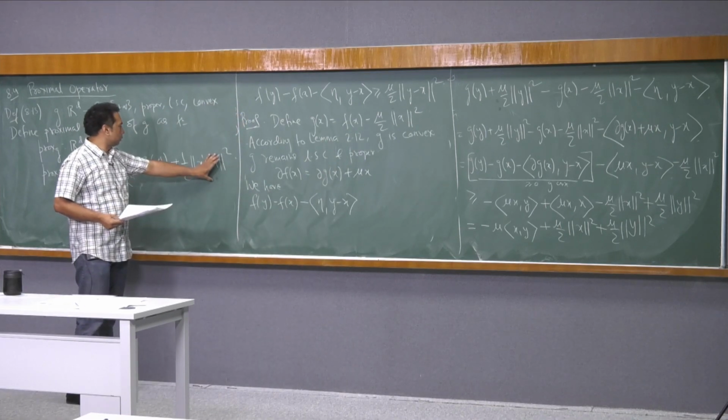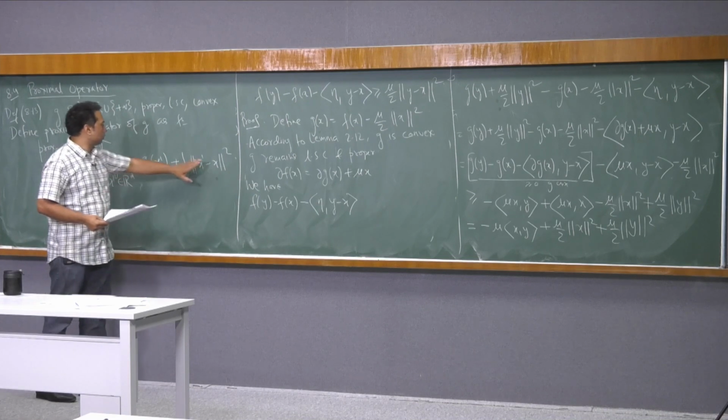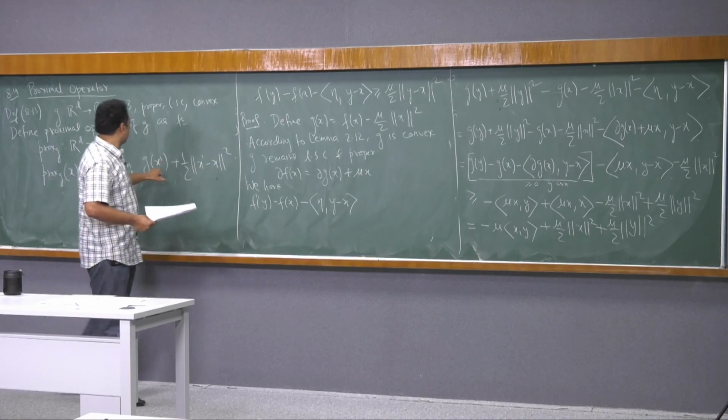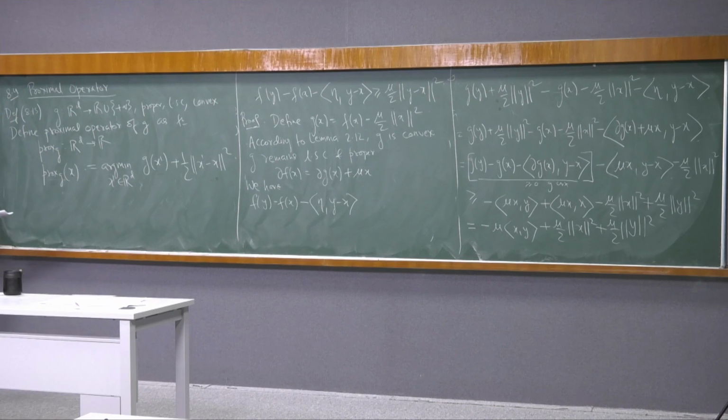So if g is convex, adding the norm of x squared will even make it strongly convex. So it is well defined: g is convex, even strongly convex, and proper, and all those hold here. So the proximal operator is well defined.